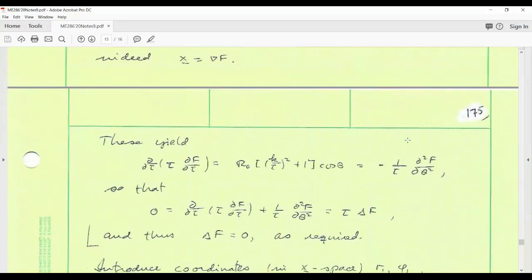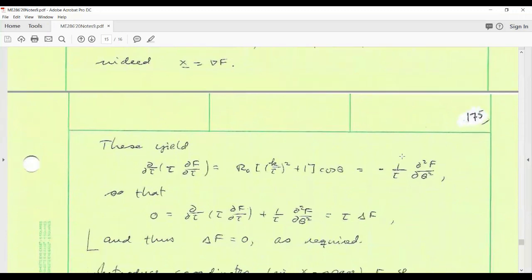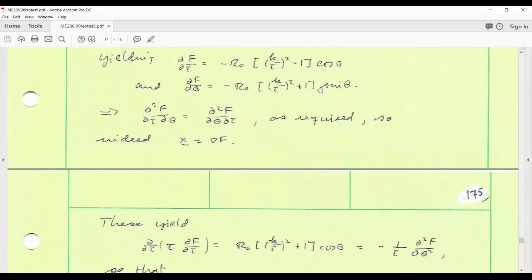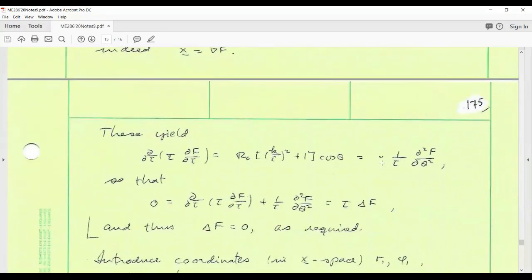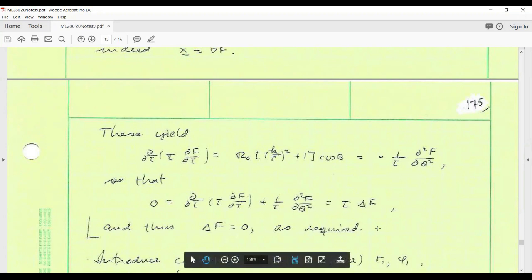So I'm reinstating the tau that I mistakenly omitted here. So that if you add these together, and notice that the result is just tau times the Laplacian, you'll get 0 at all values of tau. Therefore, the Laplacian of f is 0 as required. So we do have a solution.